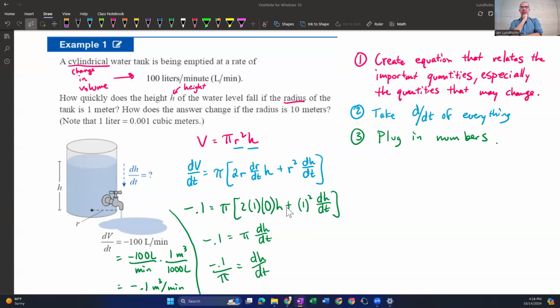Cool. And how would this number change if it was a radius of 10? All right, let's go. Radius of 10. The main thing that's going to change is that 1 is going to change to a 10. So we would have negative 0.1 equals pi times, we're still going to have 0 for that first term, but then we would have 10 squared times dh/dt.